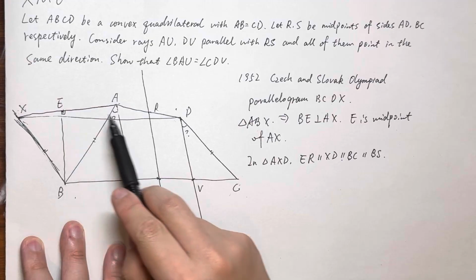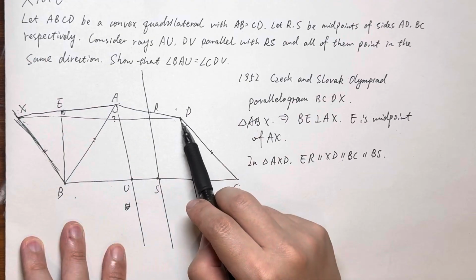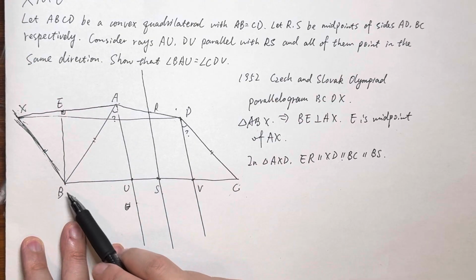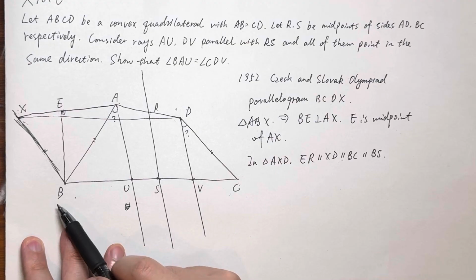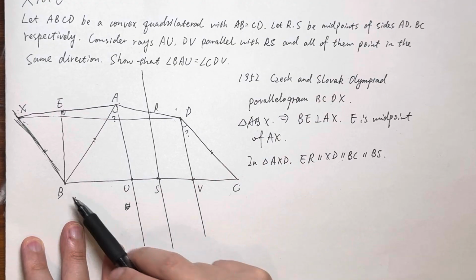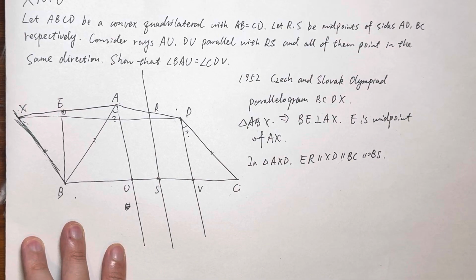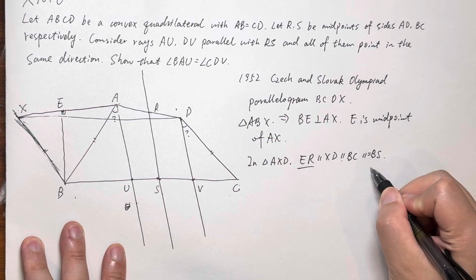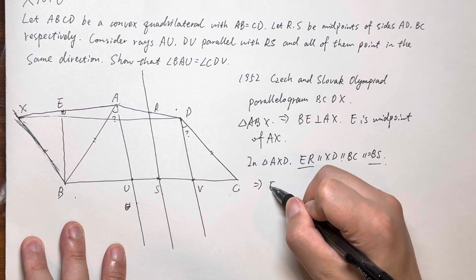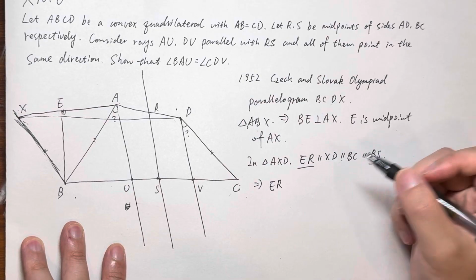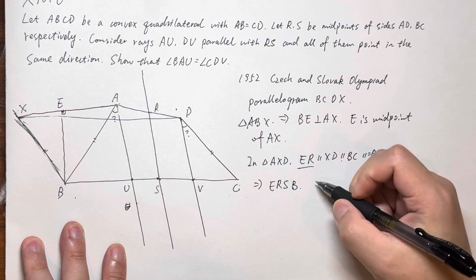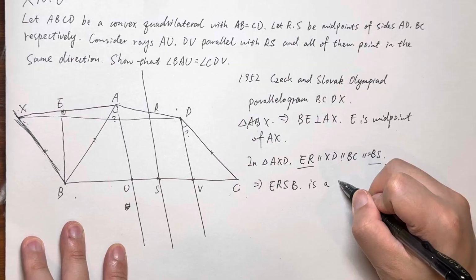And because ER is half of XD, which is half of BC, which is BS, it also equals BS. That means ERSB is a parallelogram.